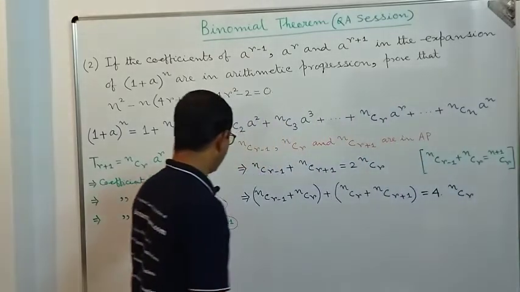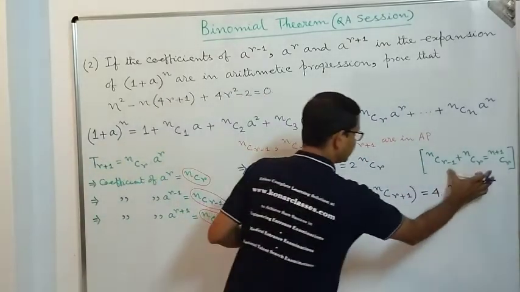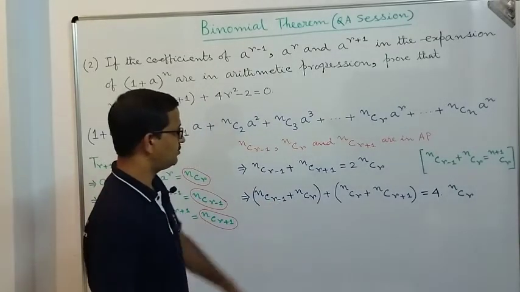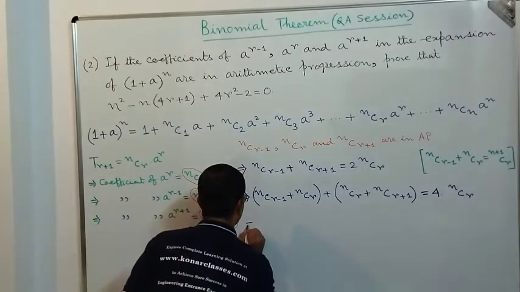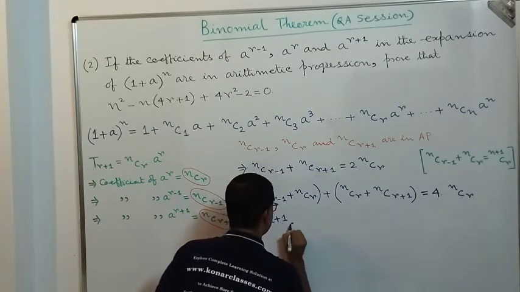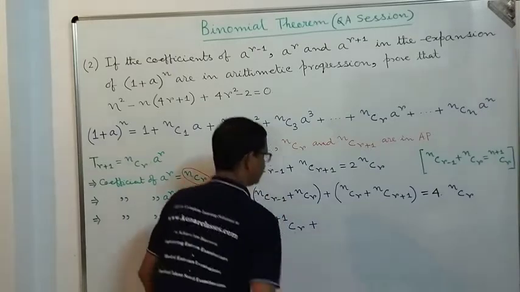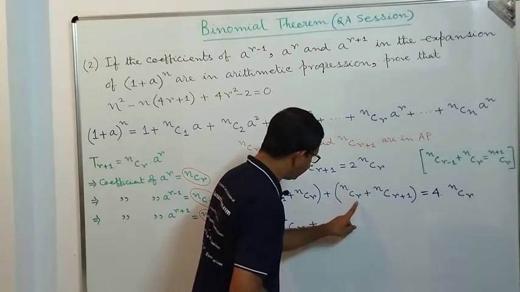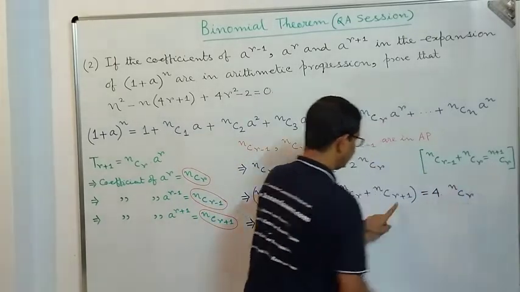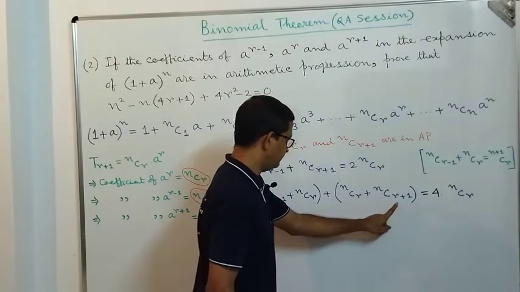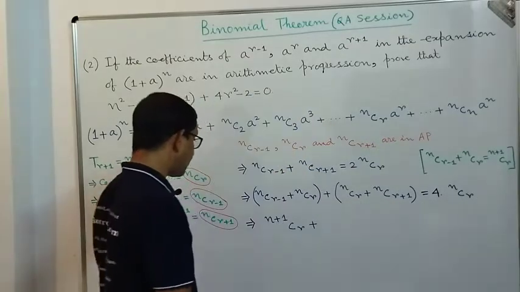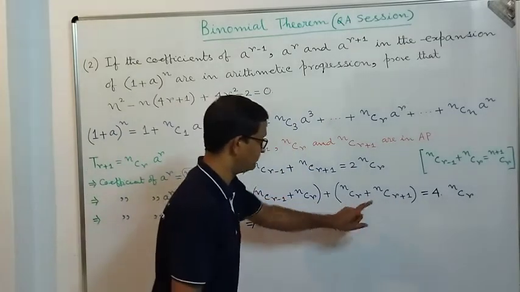Correct? Now, as we just discussed, nCr minus 1 plus nCr is equal to n plus 1 Cr. So from here we can write n plus 1 Cr plus, if you look into it, nCr plus nCr plus 1, and use this formula just by replacing r by r plus 1. So then what we get, n plus 1 Cr plus 1.